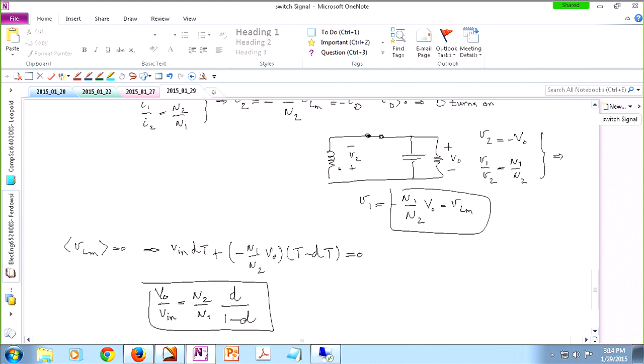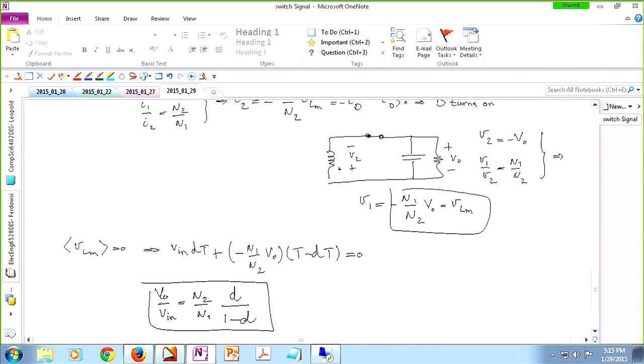This gives us the expression that V out over Vin is N2 over N1 times D over 1 minus D, which is the same D over 1 minus D that appeared for the buck-boost topology. The extra term that appears is N2 over N1 because we use a transformer, therefore the turns ratio is also engaged in the gain of the system.